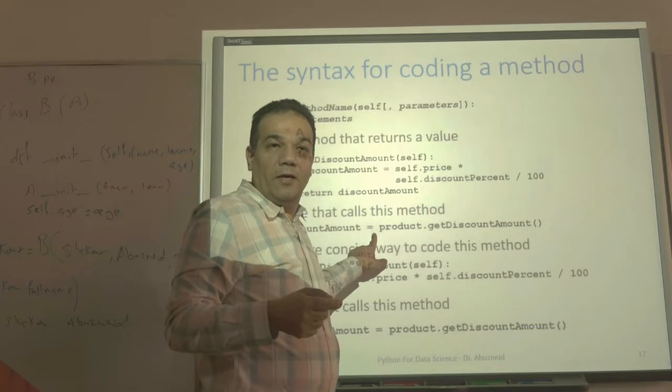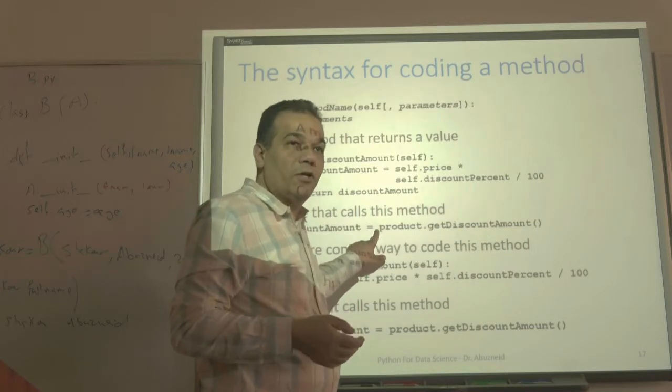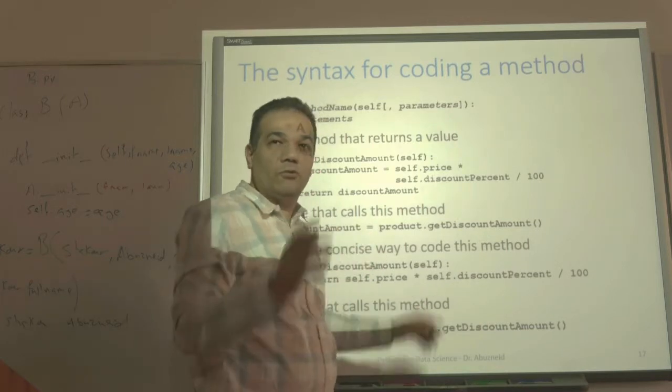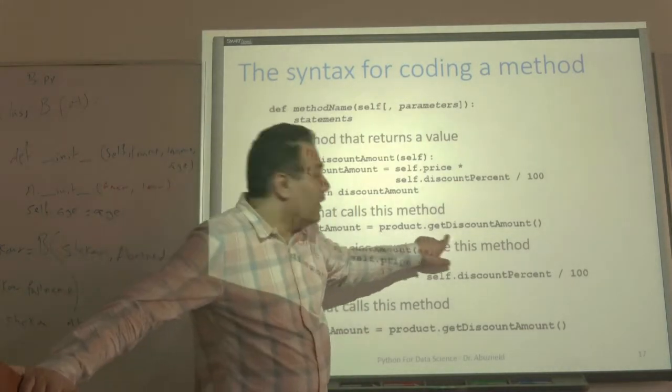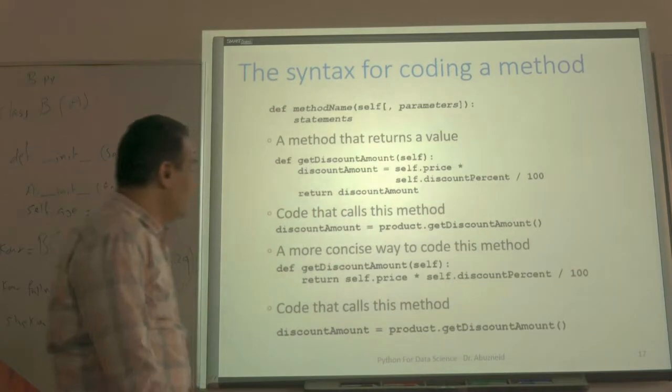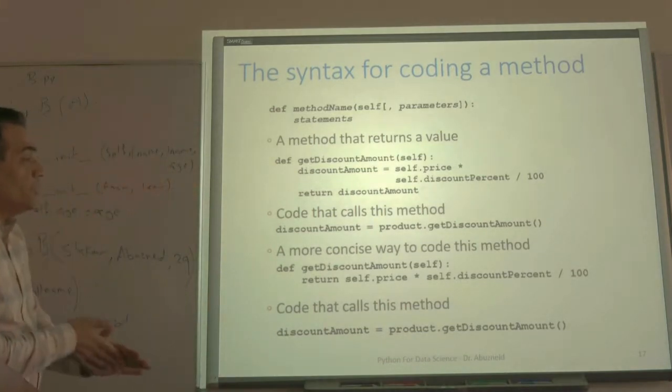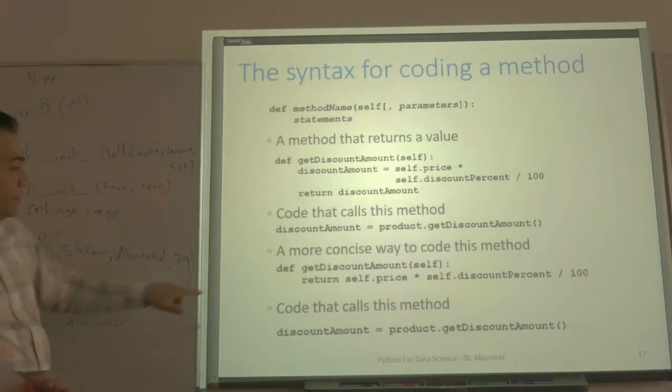Confusing, right? If I'm writing the book, I'll use p1, for example, just to make it different. But you understand like this, right? So here I'm calling the method.